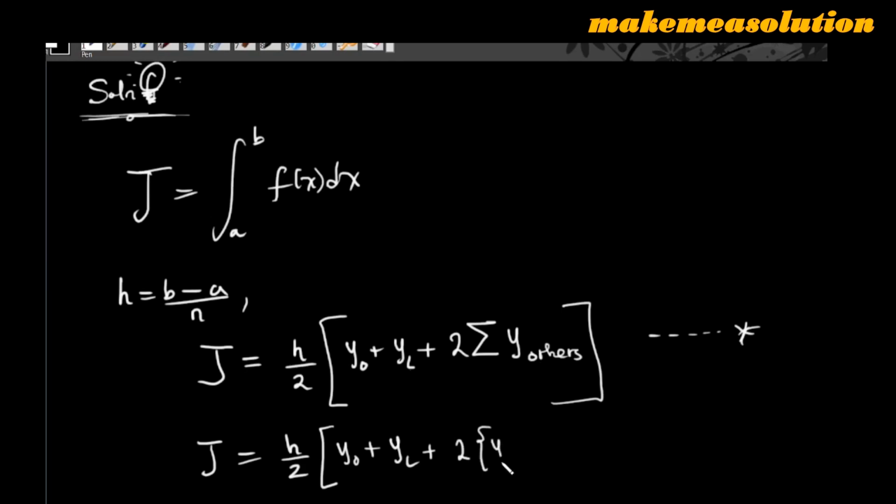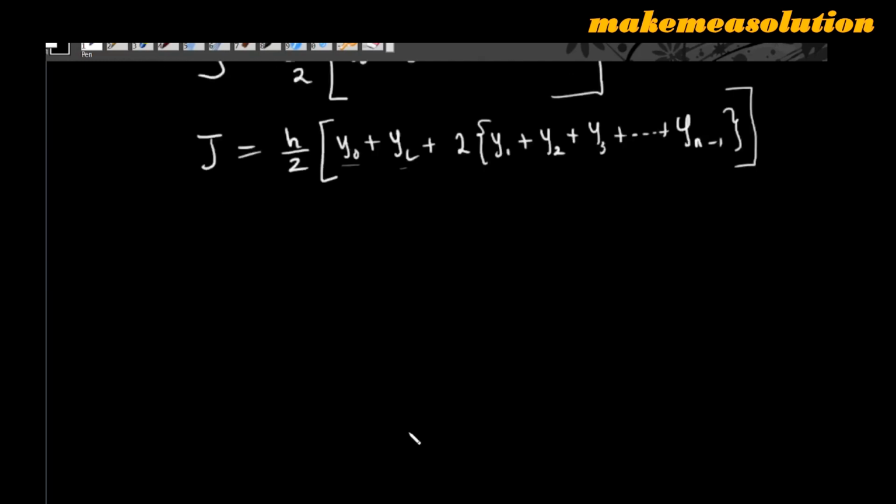So you have y1 plus y2 plus y3 plus dot dot dot plus yn minus 1. So that's what it means. So you're basically adding the first and the last value, then you're adding all the other values and multiplying them by 2. Is that okay? So your h is the interval size.